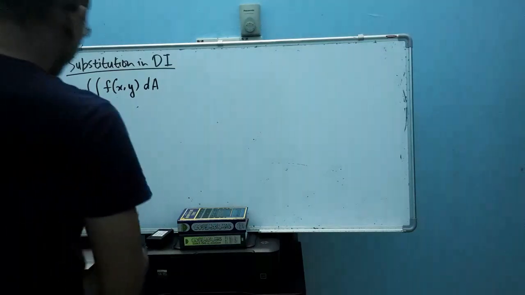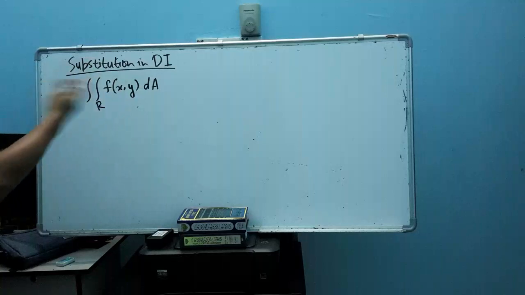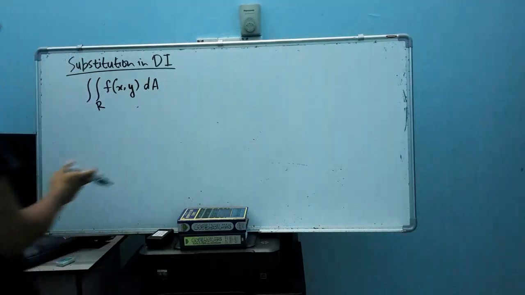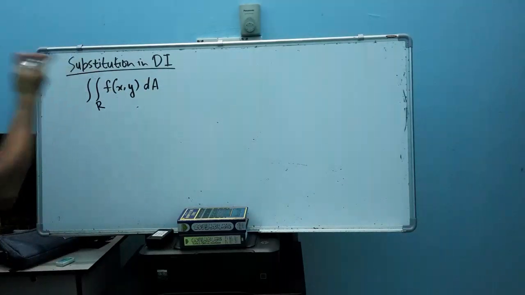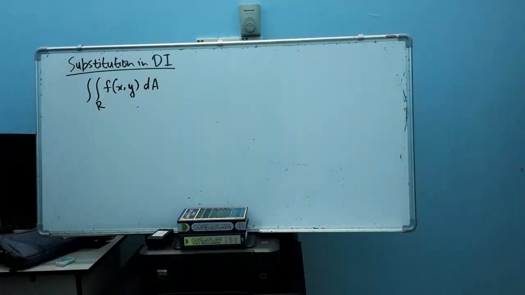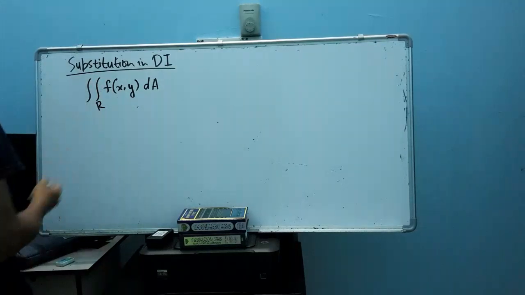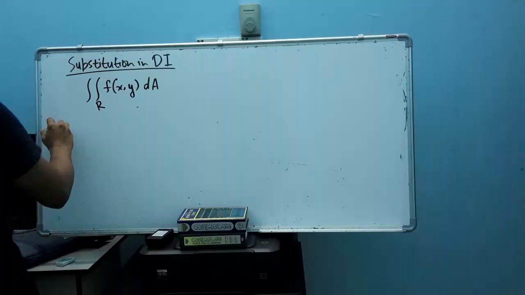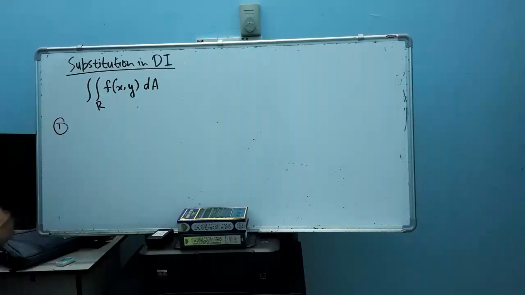Now I will first write how we can calculate such a double integral by applying substitution. Always remember that when we come to substitution, always start with the substitution itself, or I can say the transformation.